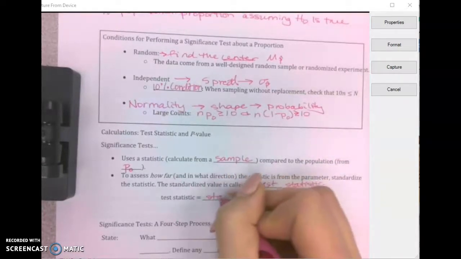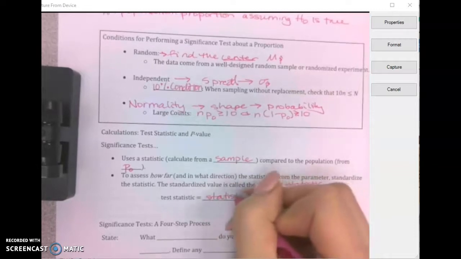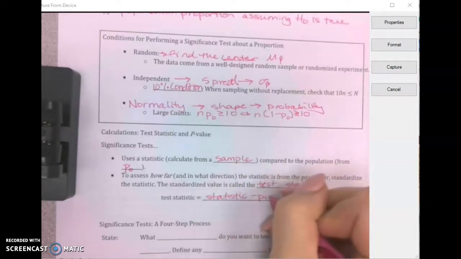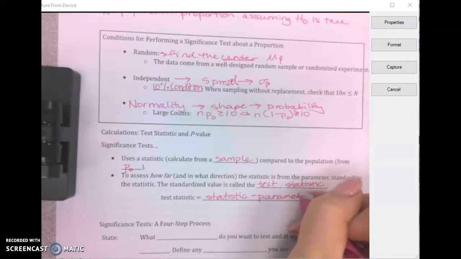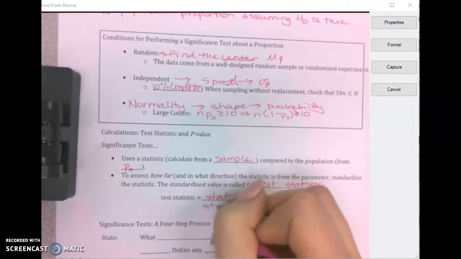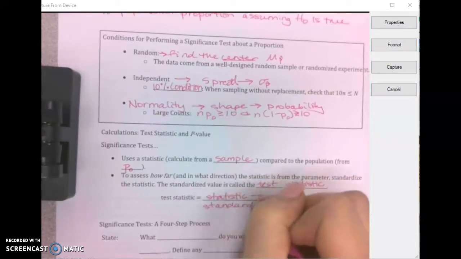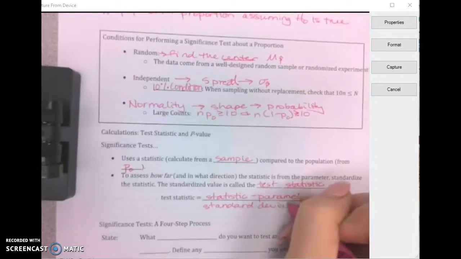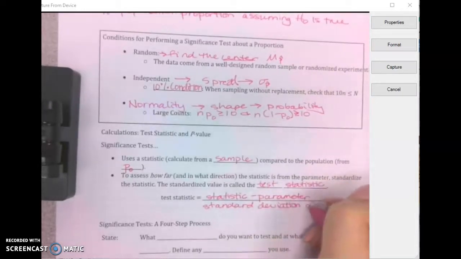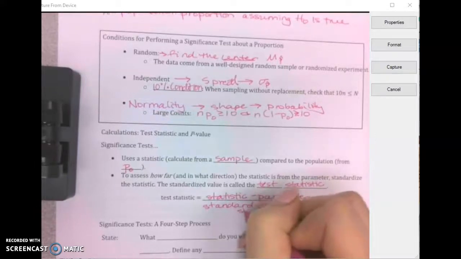We do the statistic minus the parameter over the standard deviation of the statistic.